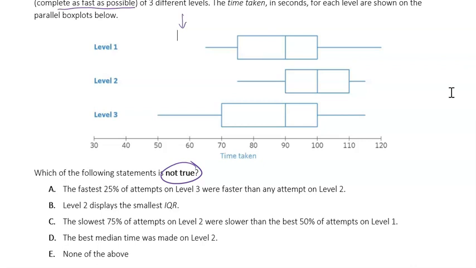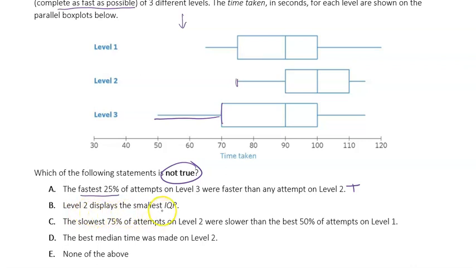So let's look at our options here. A, the fastest 25%, so the fastest 25% is going to be the bottom, the lower quartile of attempts on level 3 were faster than any attempt on level 2. So the lower quartile here in level 3 is faster than any attempt on level 2. That is true.